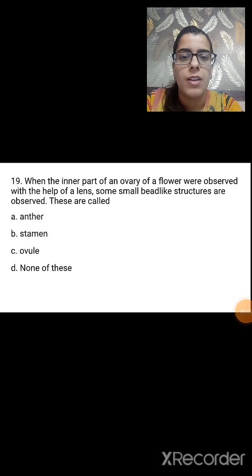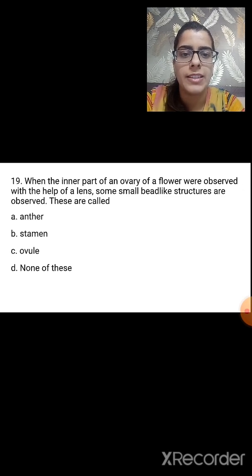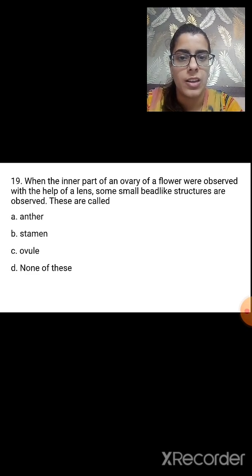19th, when the inner part of an ovary of a flower is observed with the help of a lens, some small bead-like structures are observed. These are called. When the inner part of the ovary of the flower is observed with the help of a lens, the small bead-like structures are observed.